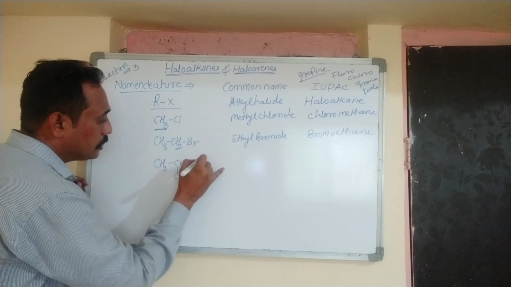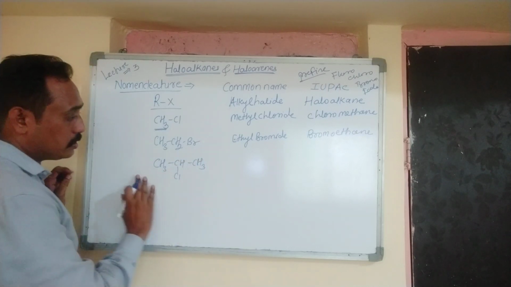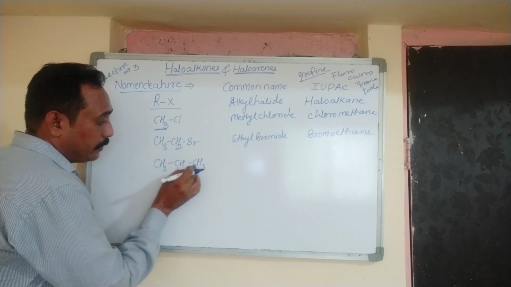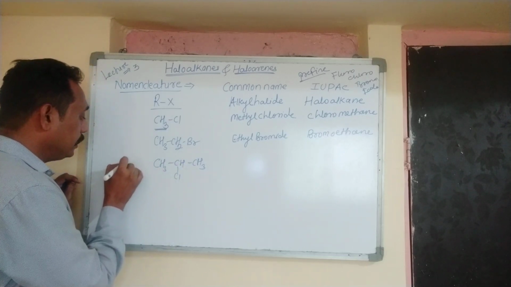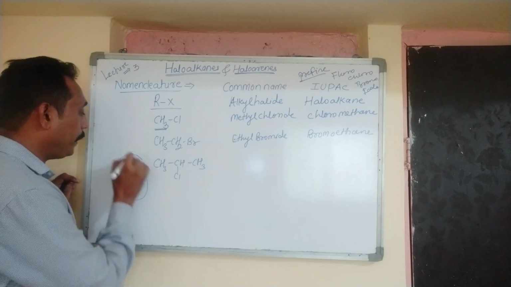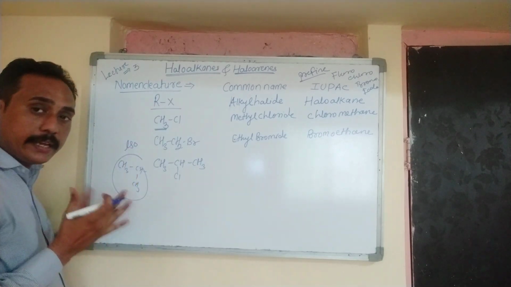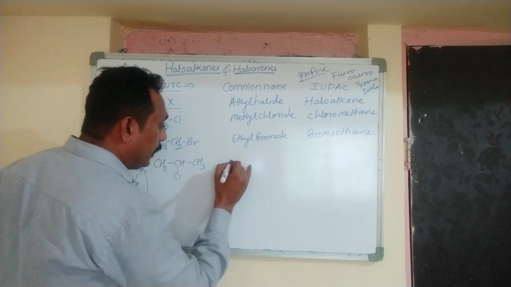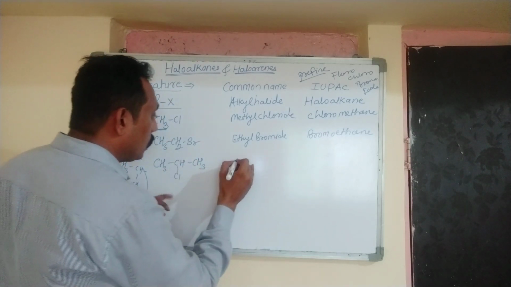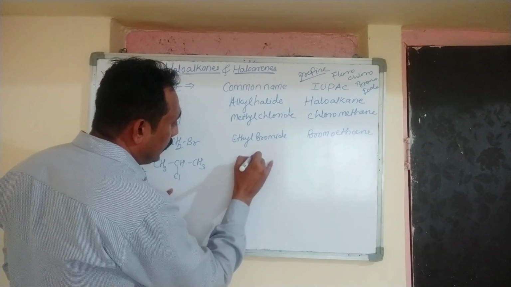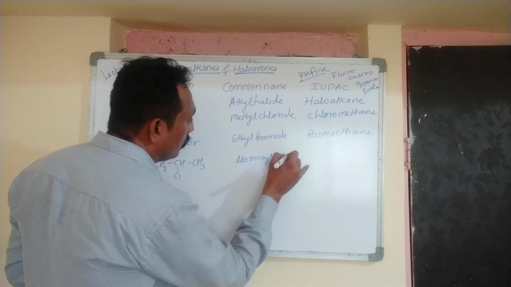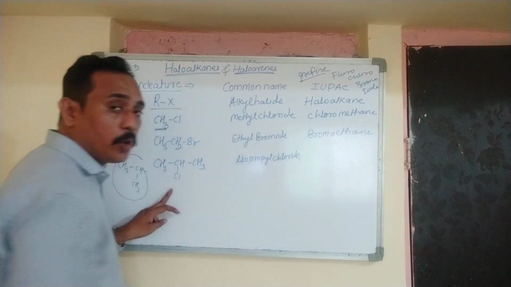Now the next one is CH3CHClCH3. In the common system we know that if the chlorine is attached to a secondary carbon, that means if the moiety is like this, CH3, CH and CH3, we call this group iso or secondary. So we write isopropyl chloride or secondary propyl chloride.